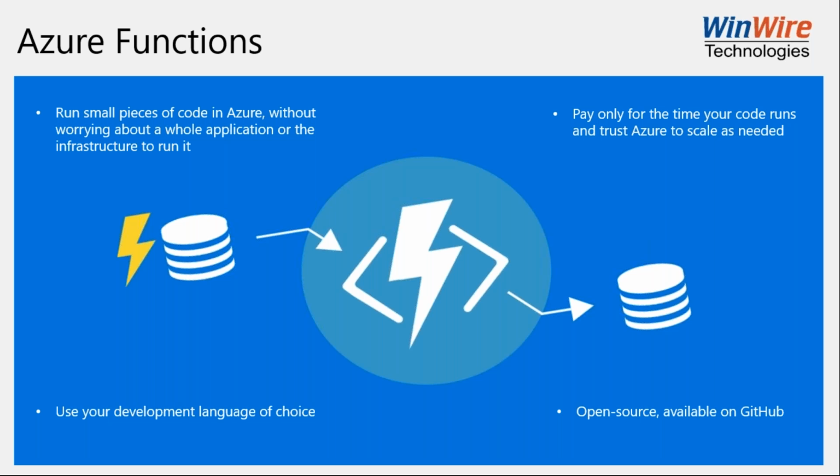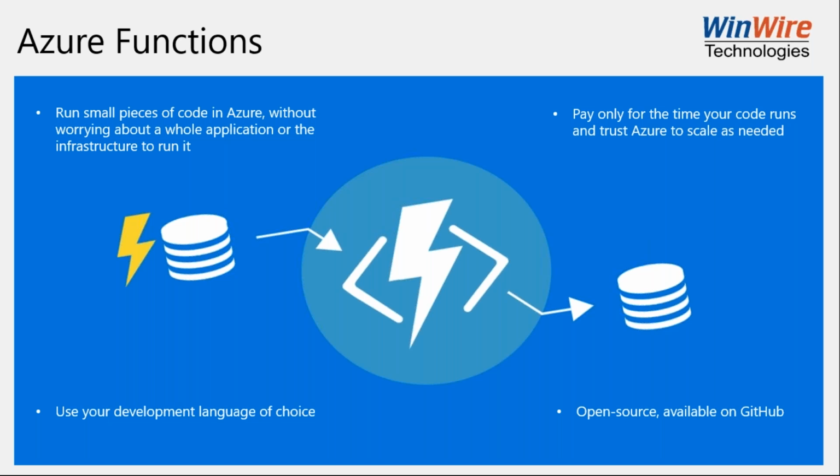And the reason why developers really love it is that you can have your own choice of language. There are, I think, 4 or 5 languages that you can use, and Azure is extending the list of languages as we move forward.